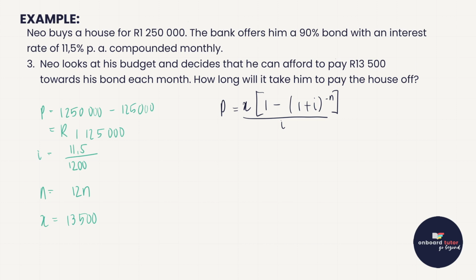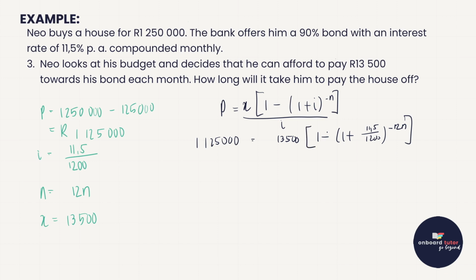Okay, now let's take a look at what happens when we input all of this stuff and how we solve this question. So the P here is 1,125,000 equals 13,500, 1 minus 1 plus, there's our interest rate, 11.5 over 1,200 to the power of minus 12N, because we don't know exactly what that's going to be.